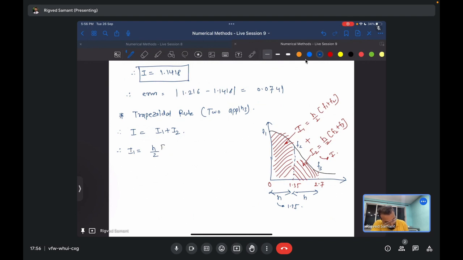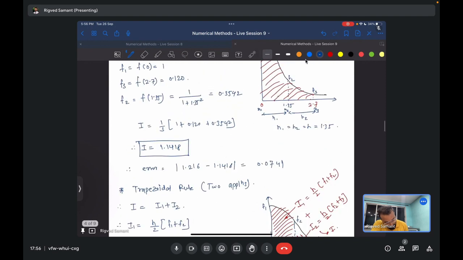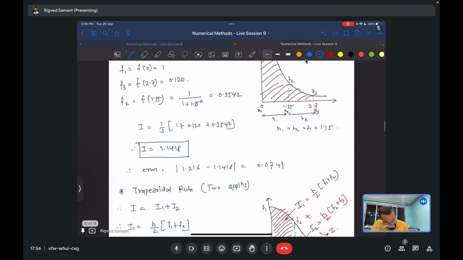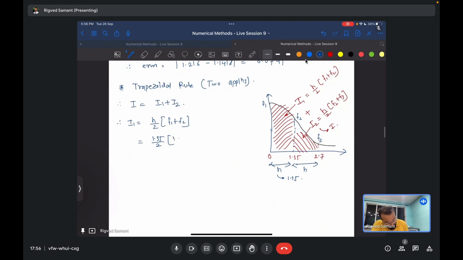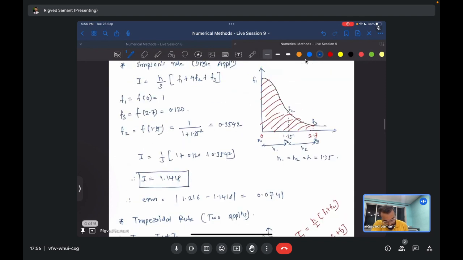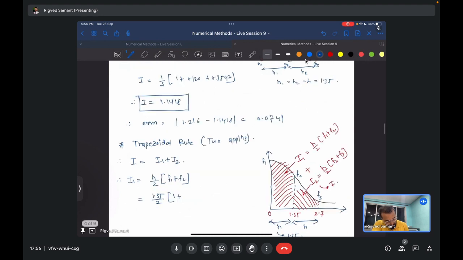So that is h is 1.35 divided by 2, f1 is 1. In the previous question we have calculated f1, f2, f3, so we don't have to calculate them again. f2 is 0.3542.